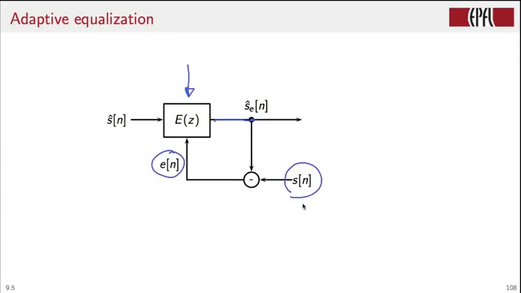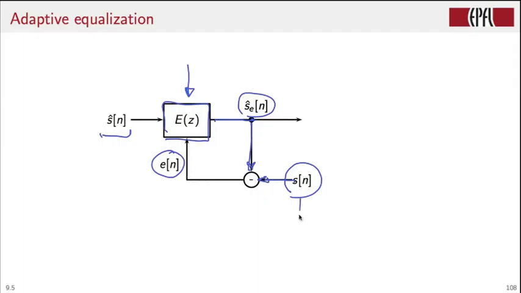In our case, the signal that we would like to obtain is the transmitted signal. And so we take the received signal, we filter it with the equalizer, we look at the result, we take the difference with respect to the original signal, and we use the error, which should be 0 in the ideal case, to drive the adaptation of the equalizer.